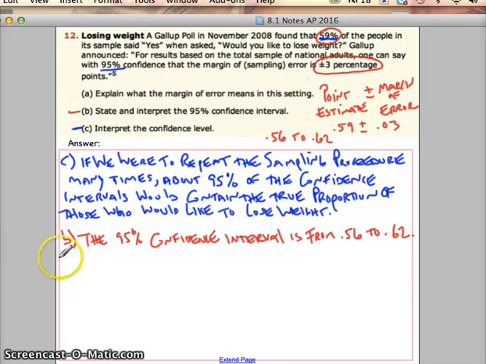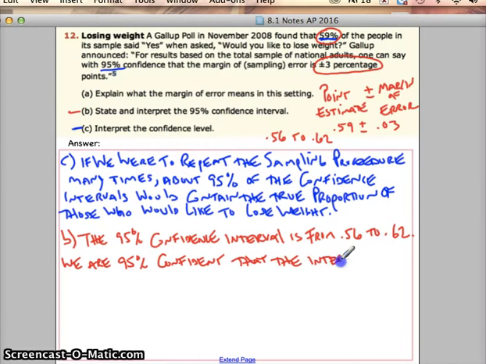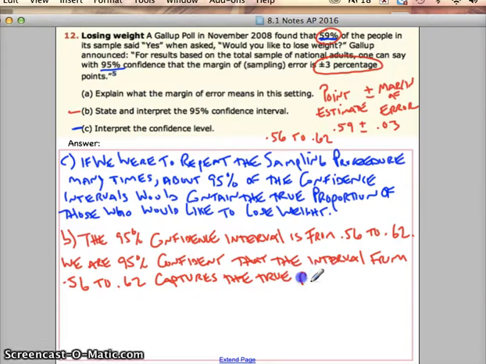So I'm going to write that down. We are 95% confident that the interval from 0.56 to 0.62 captures the true proportion of those who would like to lose weight.